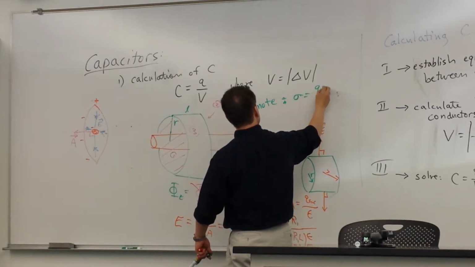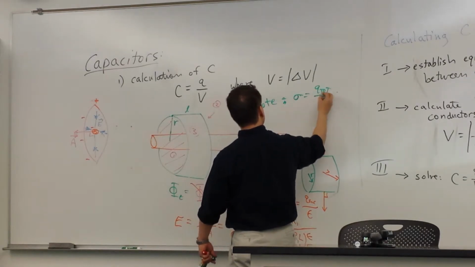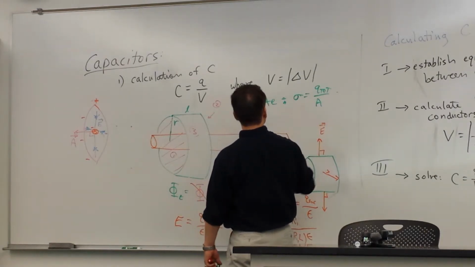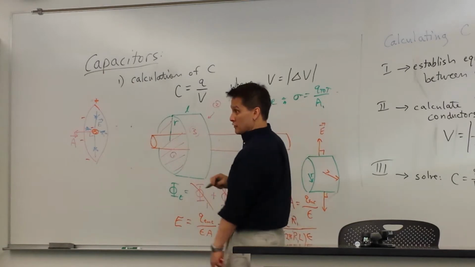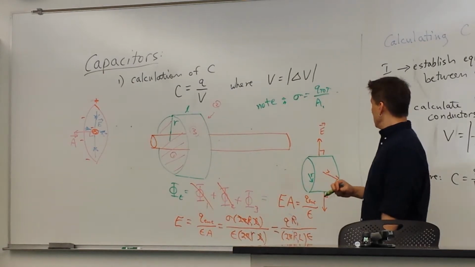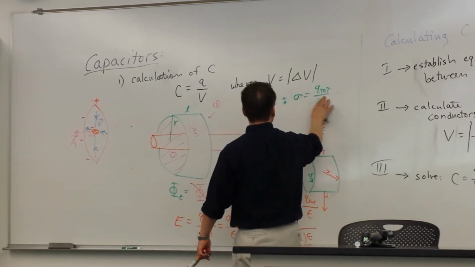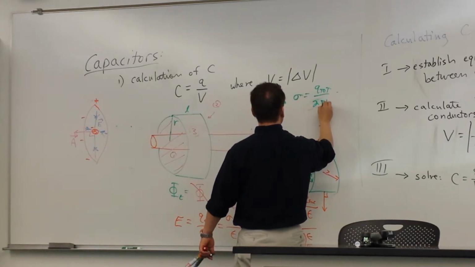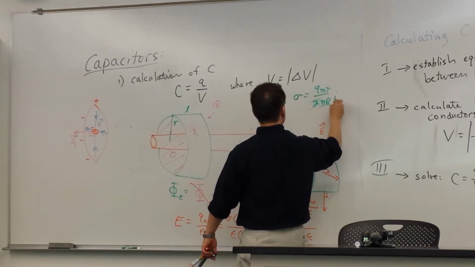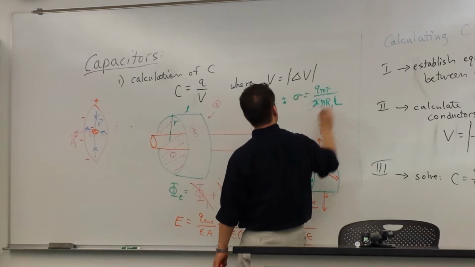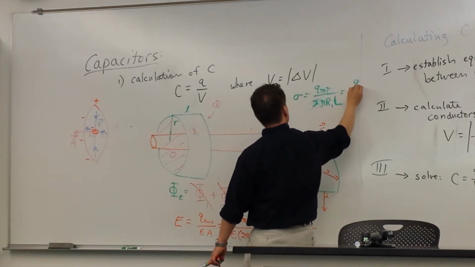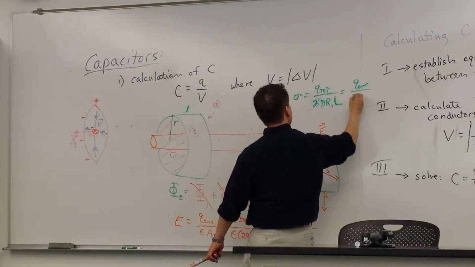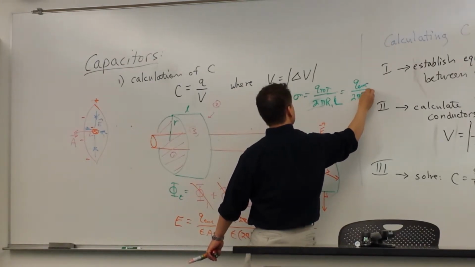Sigma is Q total over the area of the inner conductor, or the area of the conductor is 2 pi R1 big L. And this is also Q enclosed over 2 pi R1 little l.